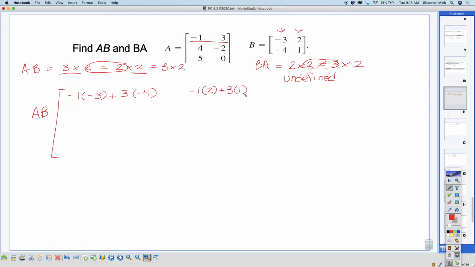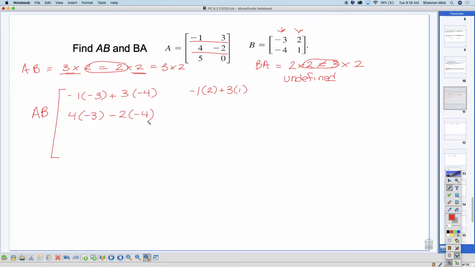So we finished the first row. Now we got to go to the second one and do the same thing. So we're doing 4, -2. So 4 times -3 minus 2 times -4. Everybody get where those numbers come from?